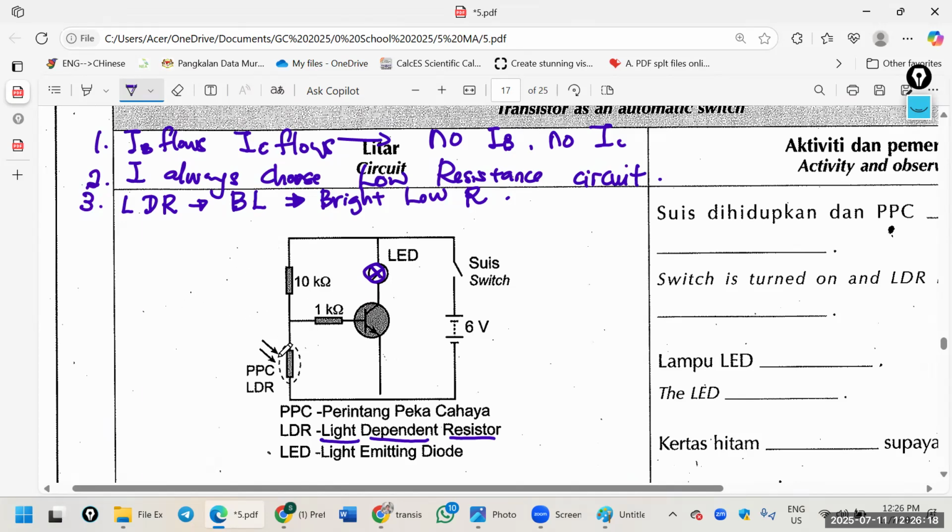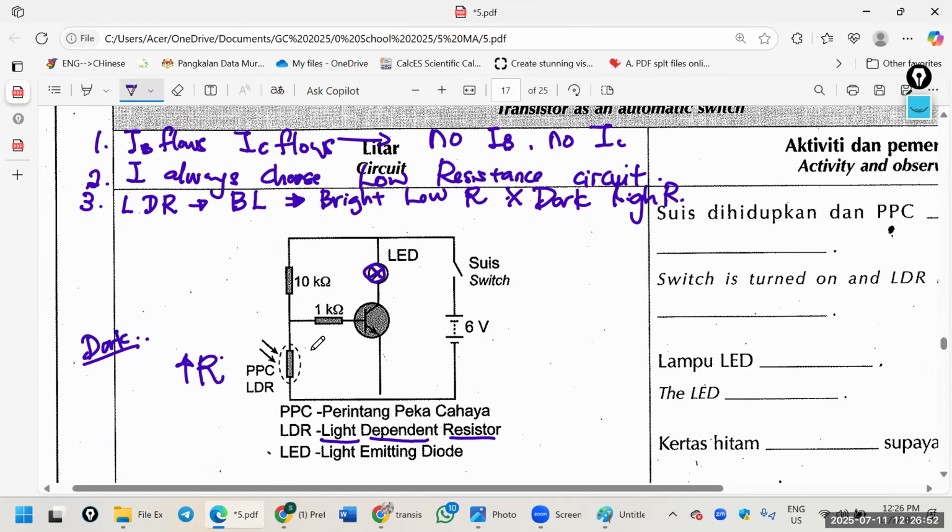So we say LDR, bright low means bright low, what's the opposite? That will be high resistance. So now let's say this is in the dark. In the dark means LDR has high or low resistance? Yeah, in the dark now LDR has high resistance.